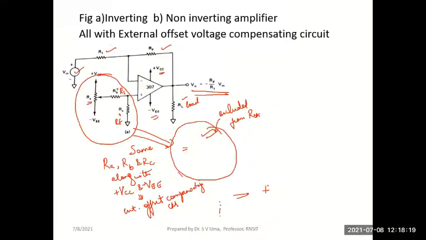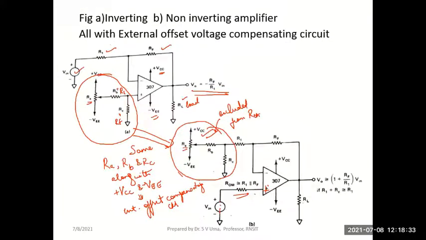And then we said if we don't have this offset nulling circuitry in some op-amps, the μA741, the Fairchild op-amp, has offset null pins, but certain op-amps don't have those offset null pins. In those op-amps where the offset nulling pins are not available, I have to do it externally.